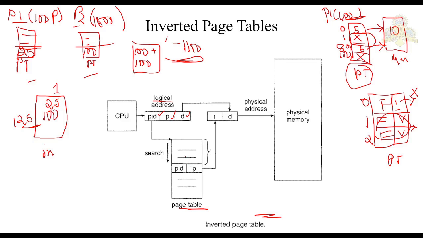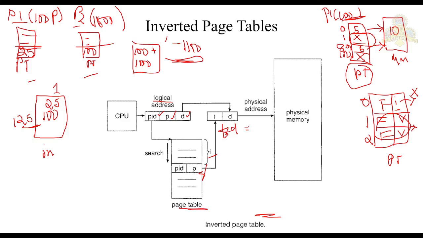If you find that particular process ID's page entry in the page table, then you will get the frame number there as well. This I is nothing but your frame number. Once you get the frame number, you add that frame number with the displacement or the offset. Once you add them, what you get is your physical address, the actual address of that particular instruction in the main memory.